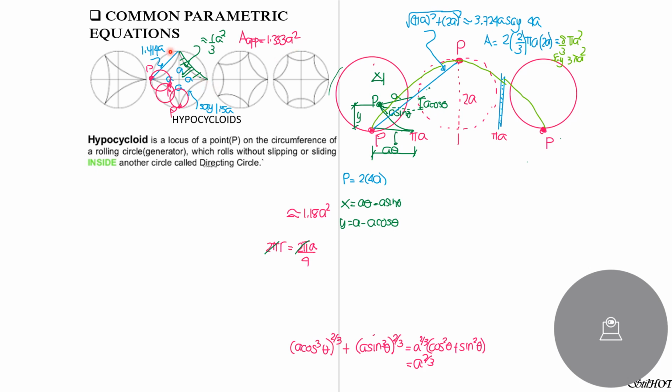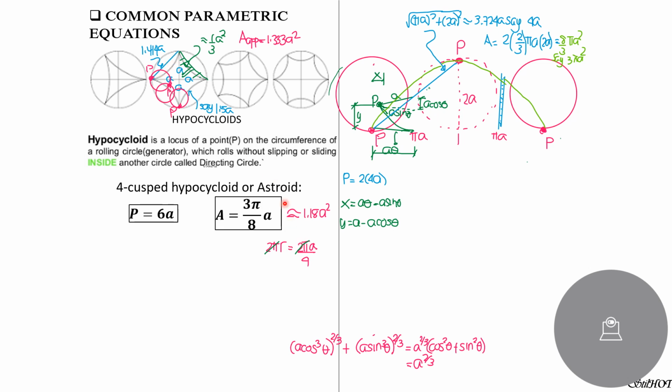But the area bounded by the four-cusp hypocycloid is somewhat lower, and it is in terms of pi. So the area, so that you can also be familiar with it, is 3 pi a squared over 8. By the way, the four-cusp hypocycloid is also called an astroid. So the perimeter is 6a, as anticipated earlier, and the area is 3 pi over 8 a squared.